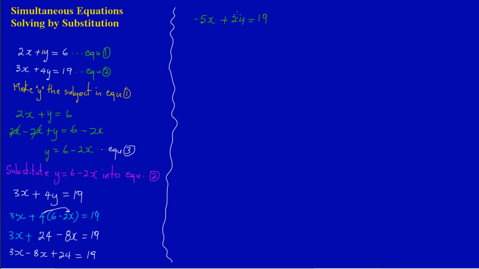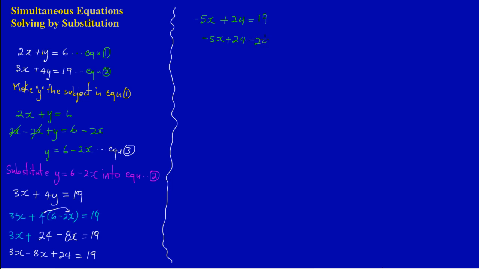Now I can move my 24 to this side, okay guys, and isolate my negative 5x. This 24 is being added to the negative 5x, so I must do the opposite of addition, which is subtraction, to move the 24. So I'm going to subtract 24 from both sides of my equation.